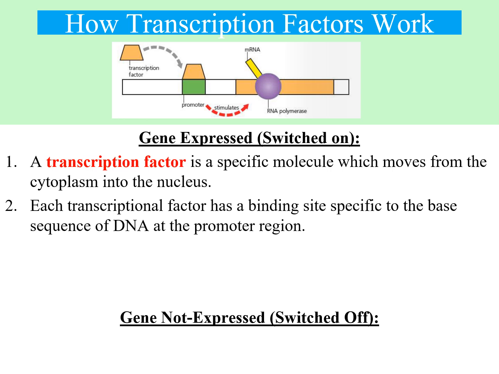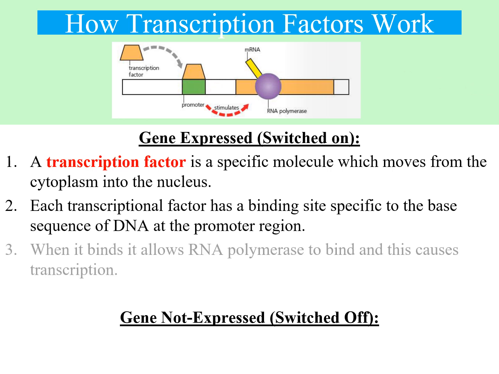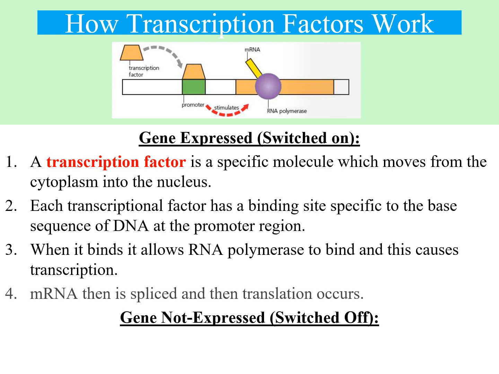So hence it's specific to that gene. So that promoter region will have a certain code, and the transcription factor will have a complementary code. When it binds to this, it allows RNA polymerase to bind, and that then allows transcription of that gene. The RNA is then spliced, which we'll remind you about at the end of the video, and then translation occurs.